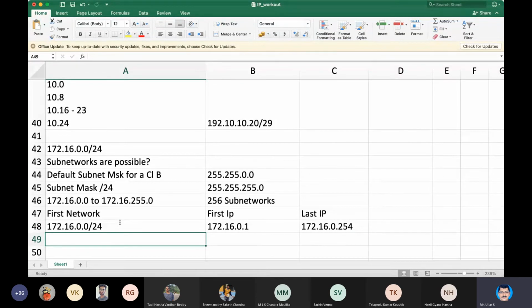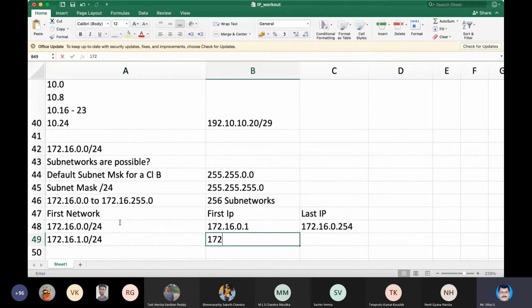So the next network, the second one, is 172.16.1.0/24. What is the first IP in the second one? 172.16.1.1. What is the last IP? 172.16.1.254.